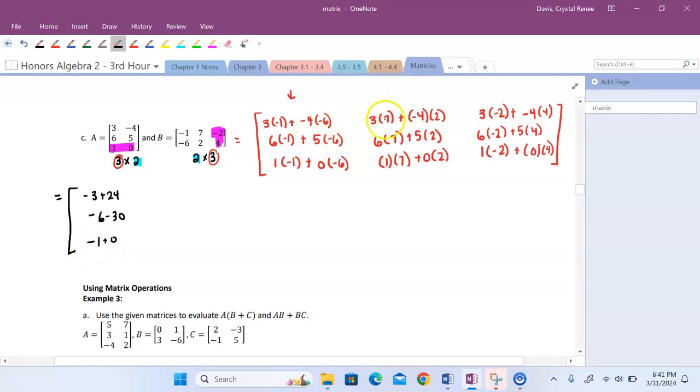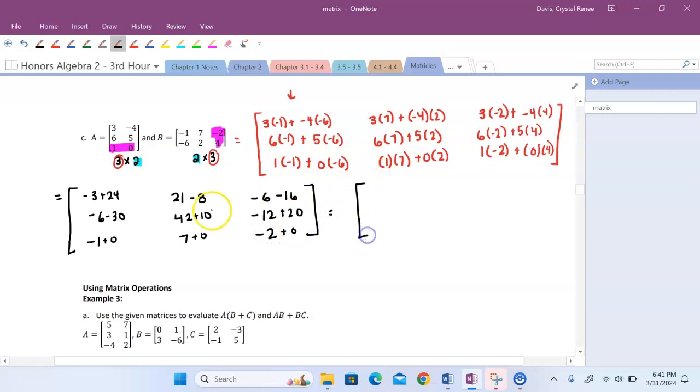So that's my first column. My second column, I have 21 minus 8, 42 plus 10, and a 7 plus 0. And then last but not least, I have -6 minus 16, -12 plus 20, and -2 plus 0.